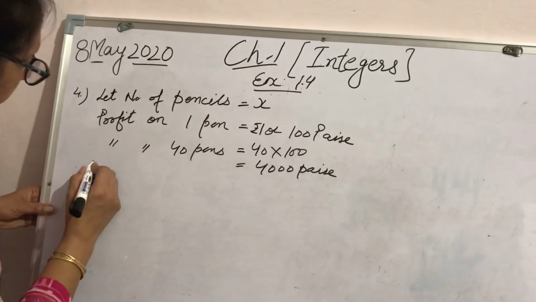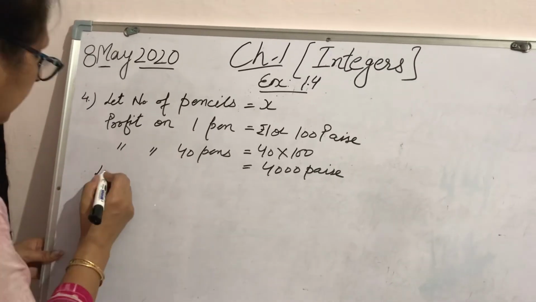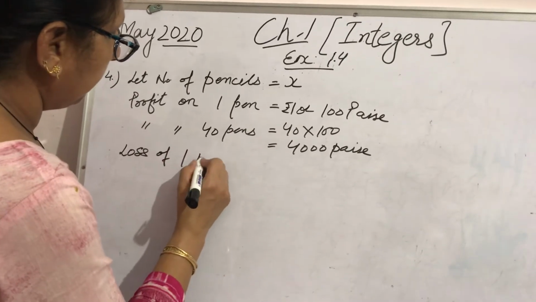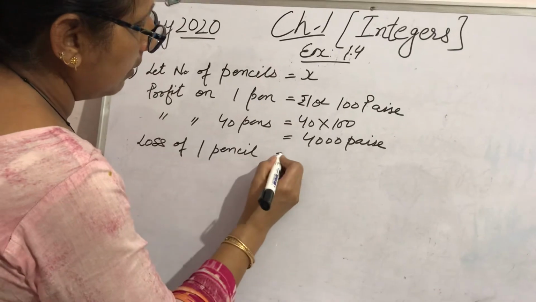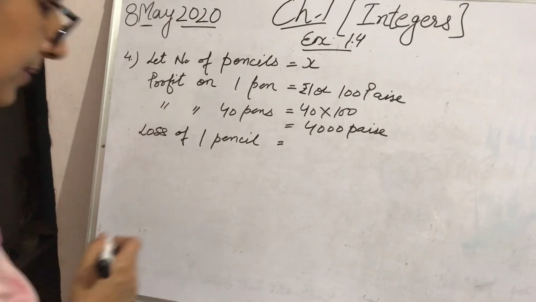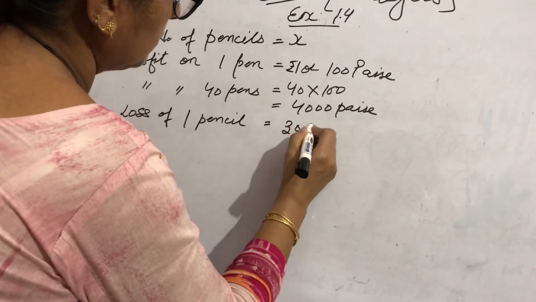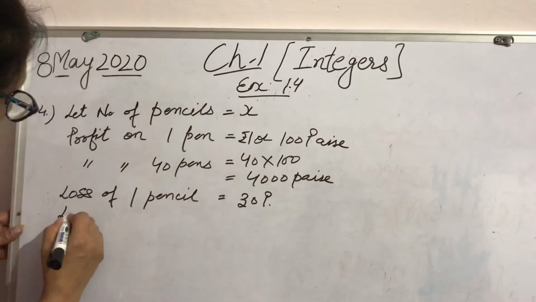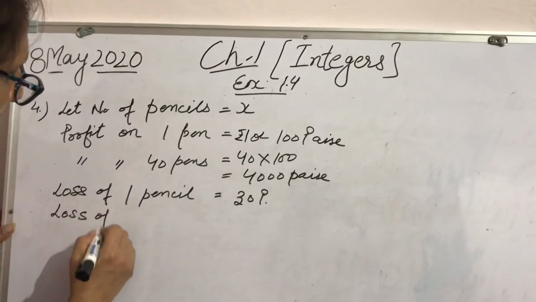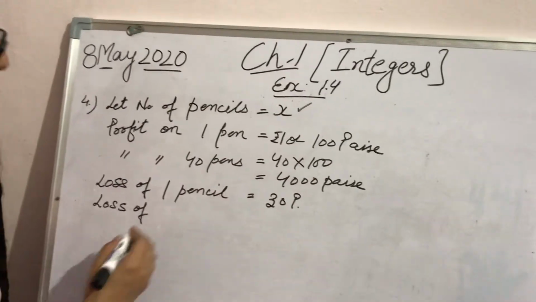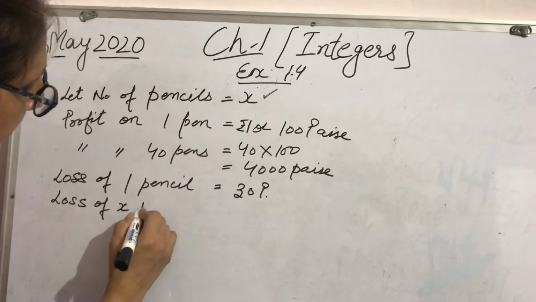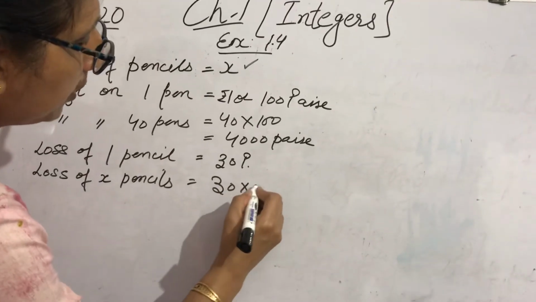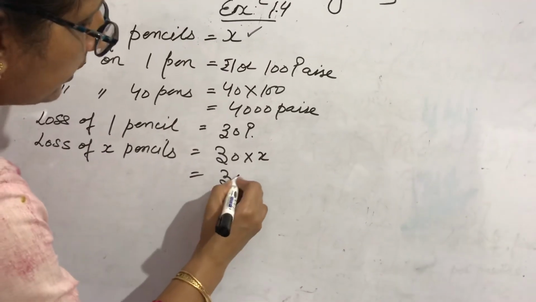And now when he sells the pencils, the loss on 1 pencil is 30 pies. How many pencils do we have? x. The loss on x pencils will be 30 into x, 30x pies.